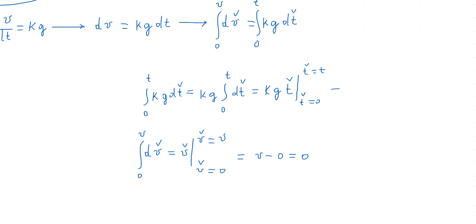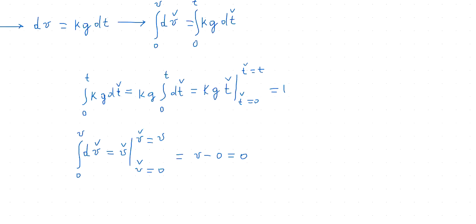It will be kg times (t minus 0), and this is kgt. kg and t.